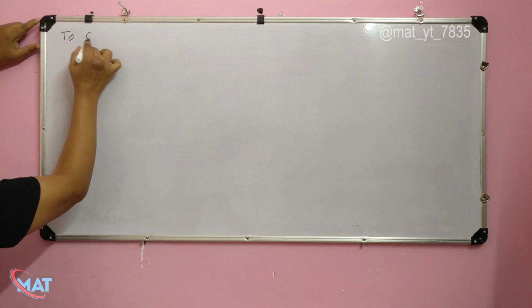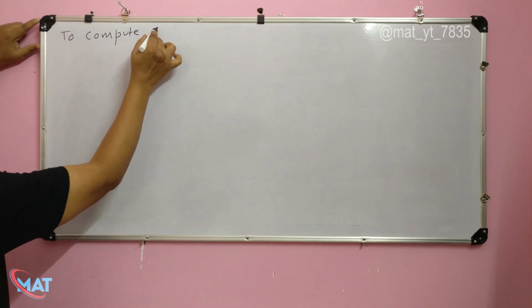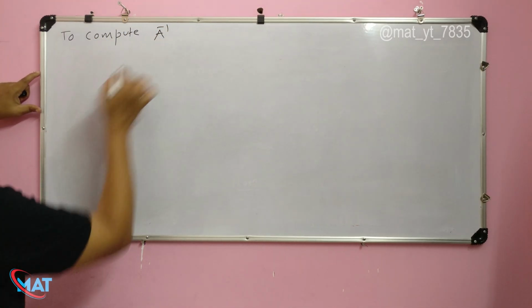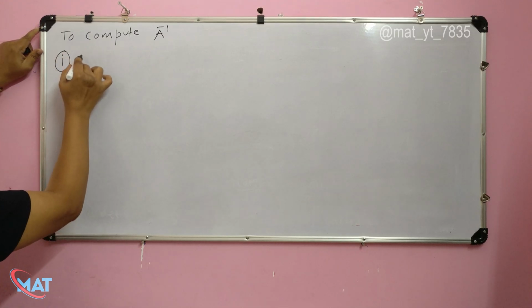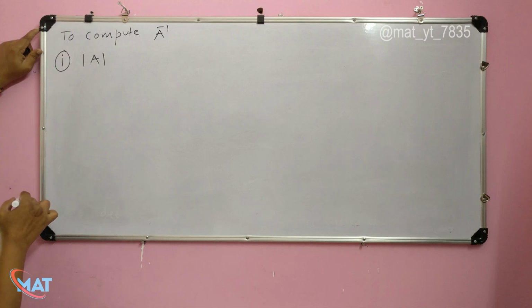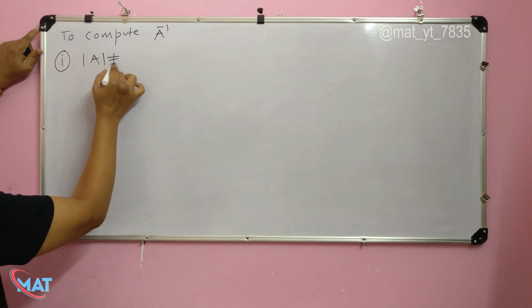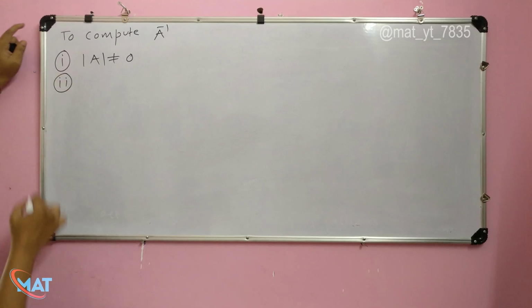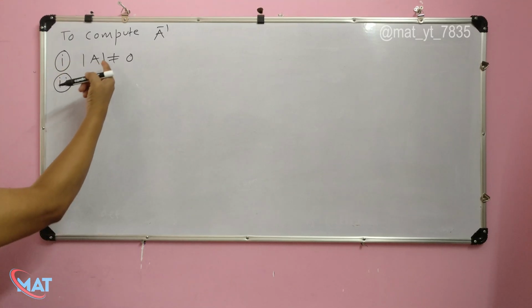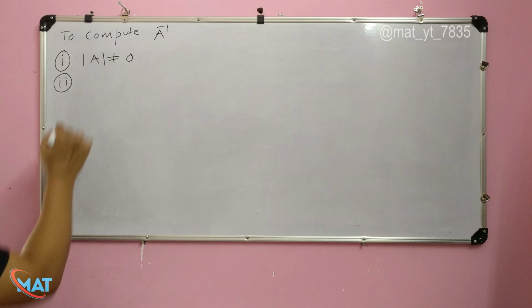To compute A inverse, right? First one, the determinant of that matrix cannot be 0. Second one, once you get this condition, then only you have to go for the second one.